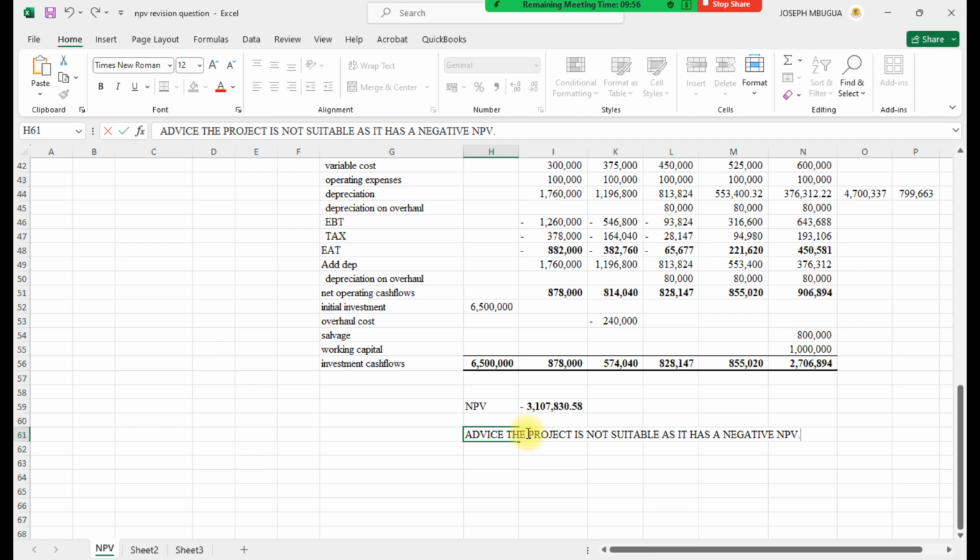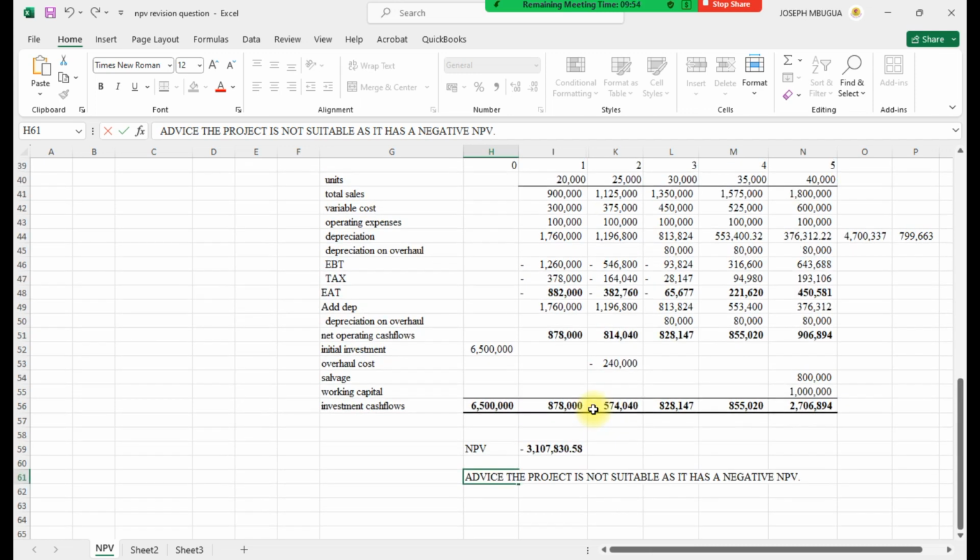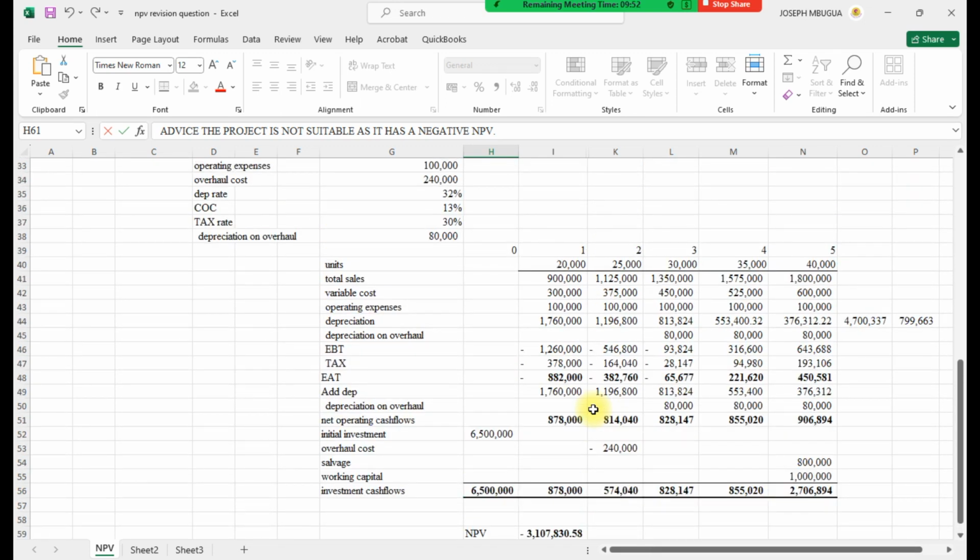It is not suitable because of the NPV that is negative. So that's how that question on NPV was supposed to be tackled.